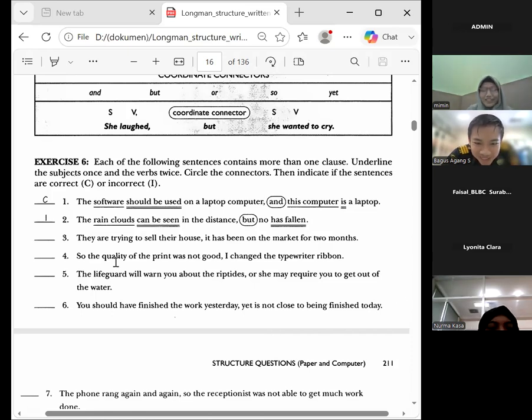Maybe you can read the sentence. By reading aloud, sometimes we can feel, oh, I think this is why this is incorrect. Maybe the second sentence needs a subject.